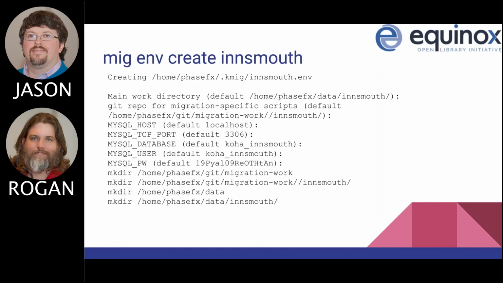And we have a few conventions that are, again, defaults in K-Mig, such as our convention of using a git-migration-work folder and a data folder. Data is where we tend to toss the raw data files. Git migration work, we use a shared Git repository that's internal to us for our scripts and things like that. But you can change these. You don't have to use them.